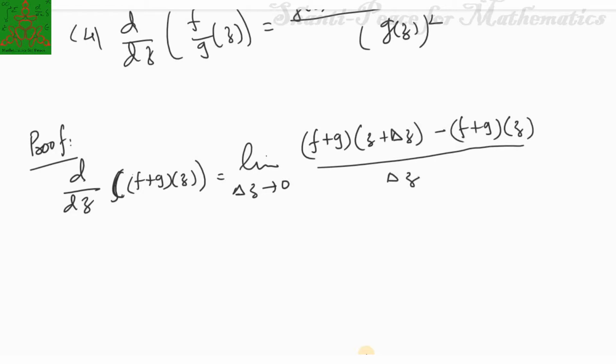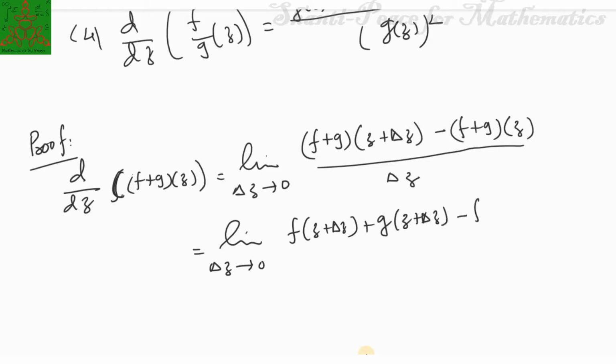Now we apply the definition of pointwise addition. So as per that, we can write this as f of z plus delta z plus g of z plus delta z minus f of z minus g of z upon delta z.